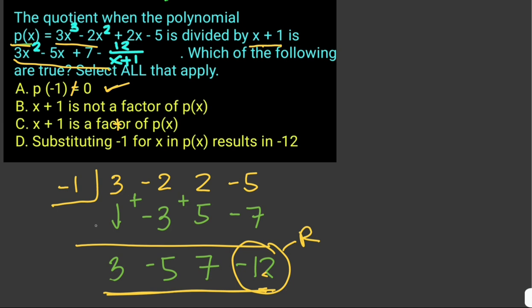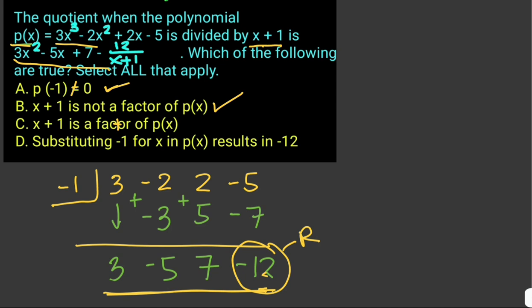When we divided p of x by x plus 1, we got this result with a remainder of negative 12. Therefore, x plus 1 is not a factor of p of x. Therefore, option B is also true. So let's put a check to that.